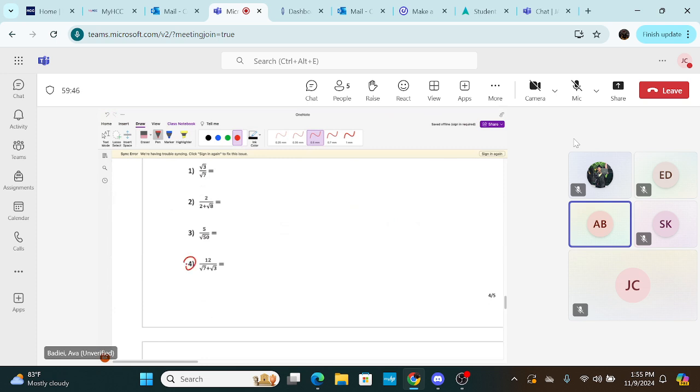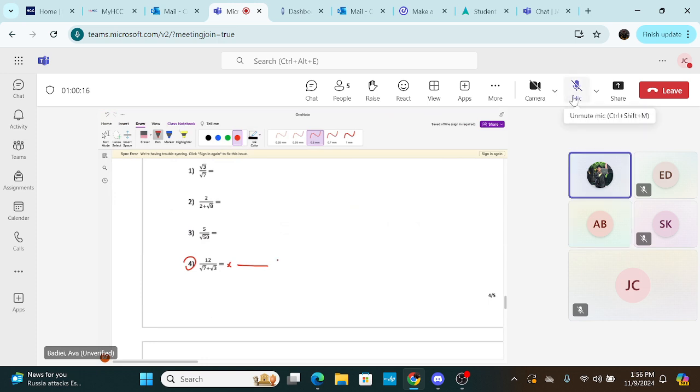So 12 over square root of 7 plus square root of 3. Again, if you remember, when you have just a single radical, you are going to multiply it by a radical, different ones. But when you are having 2 terms down here with a plus or minus, we have to use conjugates. What is the conjugate of this denominator? Can someone tell me?